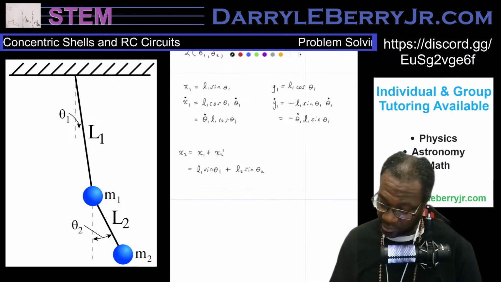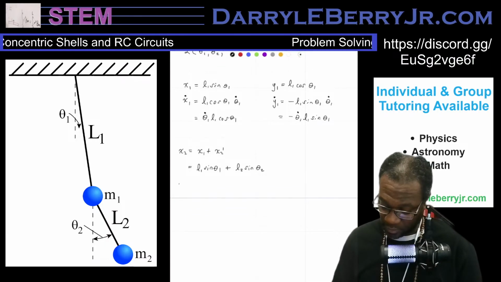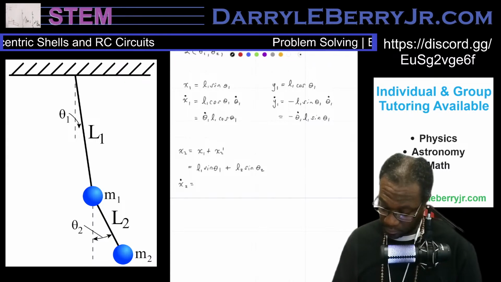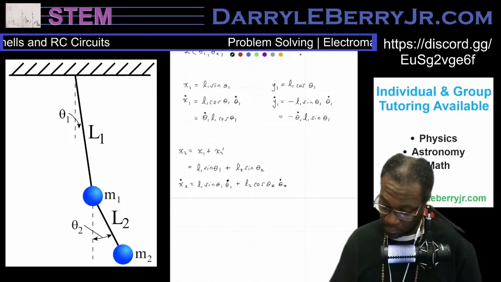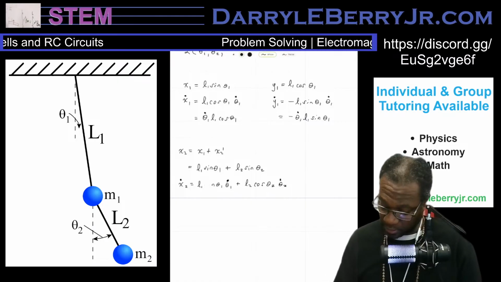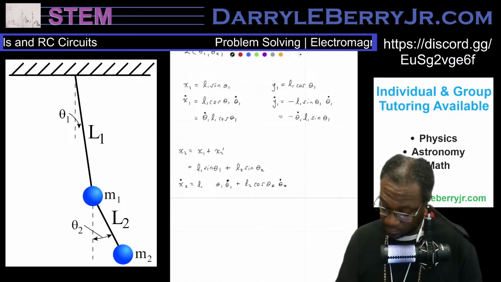So then we have to take the time derivative of this one. Should be a cosine.